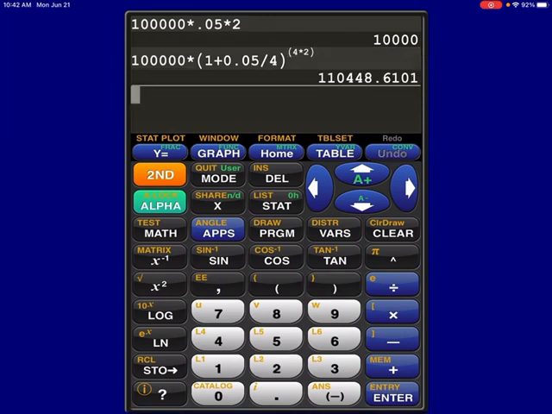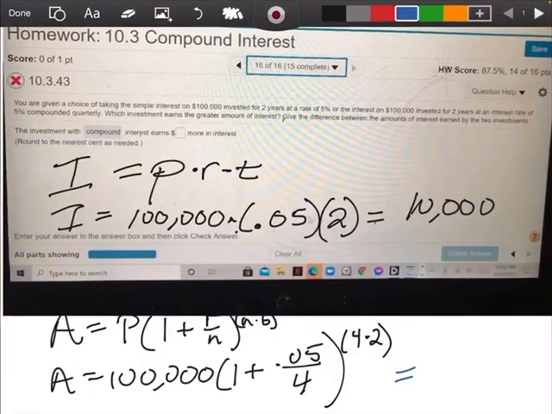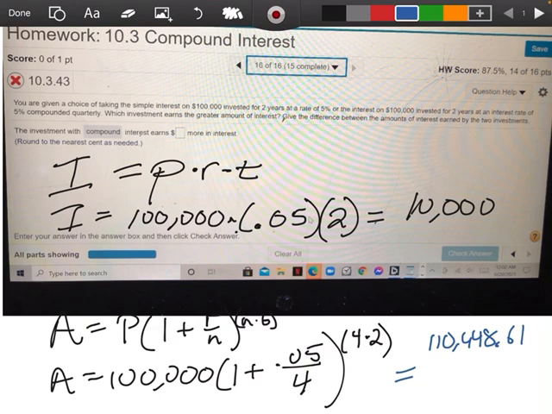And so if you notice here, the number I'm coming up with is 110,448 and 61 cents. But remember, that's the total amount. If we want to find how much interest we earned, we got to subtract off the 100,000 that we invested in there. So if I subtract off 100,000, we're going to end up with 10,448 and 61 cents, right?